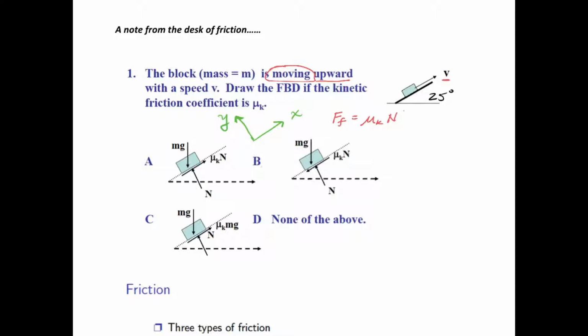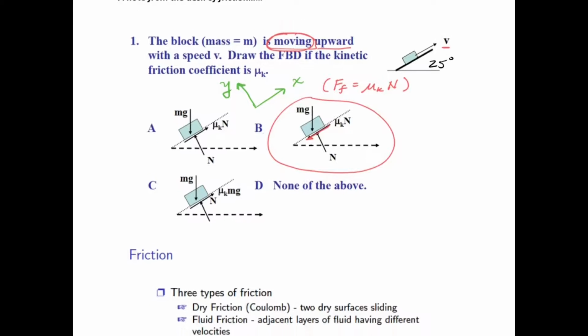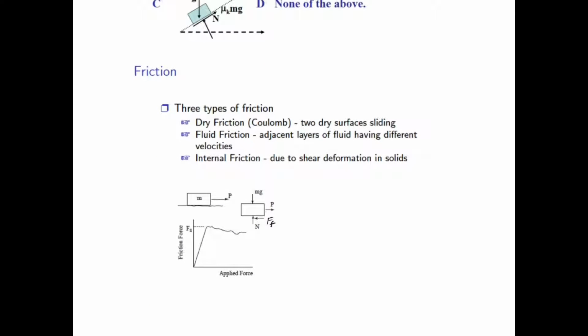And so I'm guaranteed of that because I am told that that thing is moving, and the force of friction is going to be counteracting that motion. So I end up with a force of friction that's acting down the incline, having a value of mu k times n. So that's how we ended up again with B as the answer.